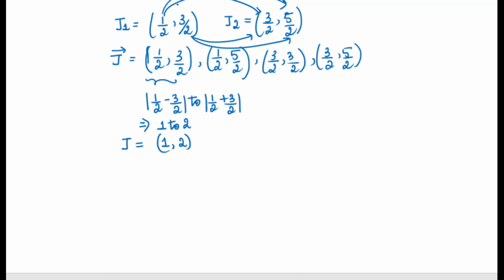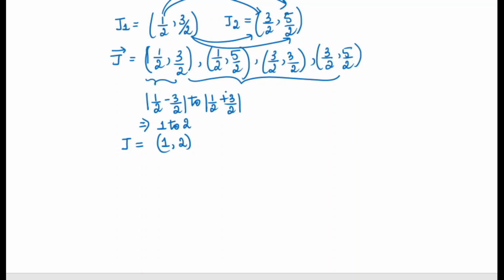Now what we did is we segregated it into four parts, and that is the actual method: the j vector is equal to the magnitude of j1 vector minus j2 vector, up to j1 vector plus j2 vector.